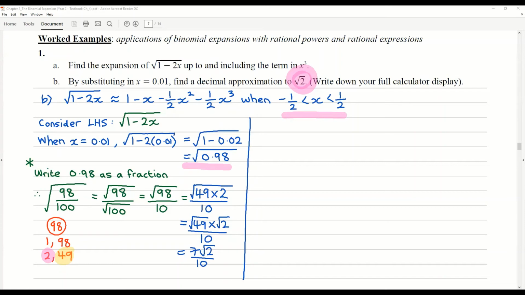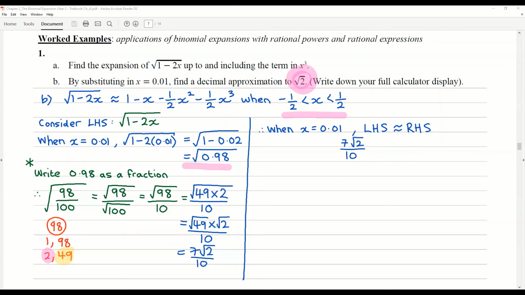Let's put it all together. So, therefore, when x equals 0.01, okay, the left-hand side is approximately equal to the right-hand side. Now, the left-hand side is, of course, 7 root 2 over 10.